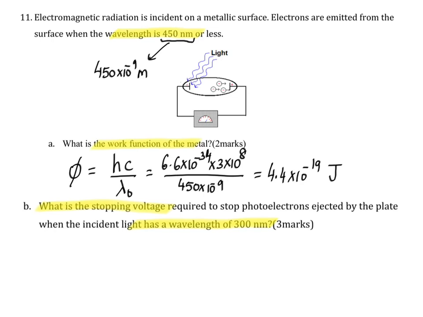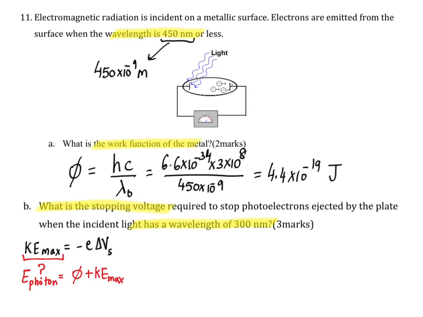What is the stopping potential required to stop photoelectrons ejected by the plate when the incident light has a wavelength of 300 nanometer? Now, stopping potential and kinetic energy max are related by a formula. So we want to find what's the kinetic energy. So we'll use the formula E photon equal phi plus Ke max.